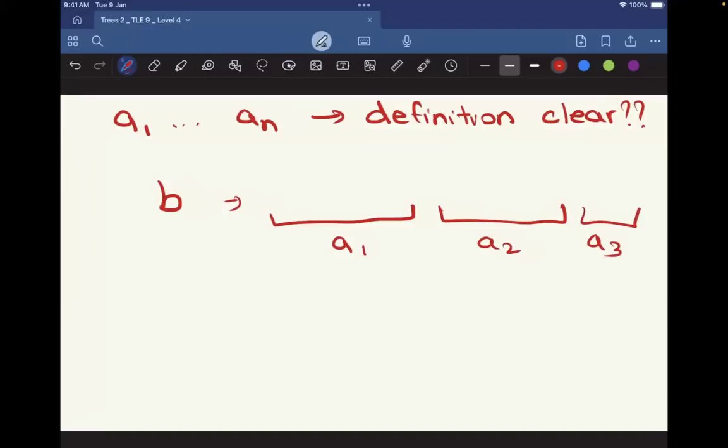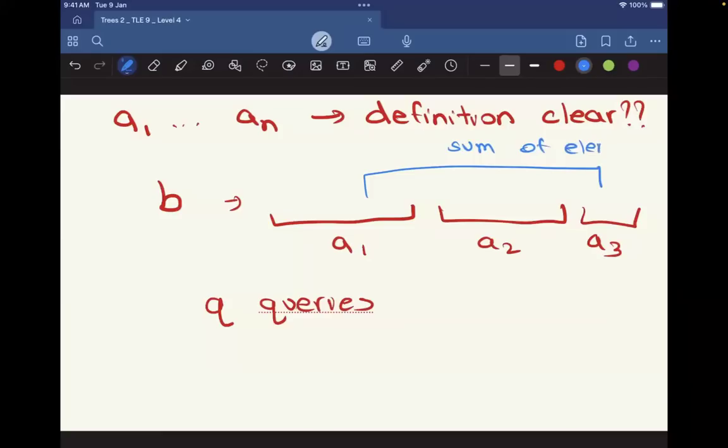Now, if this much is clear for everyone, we are given some queries now. Q queries. Given a query, I need to find the sum of elements in this range.